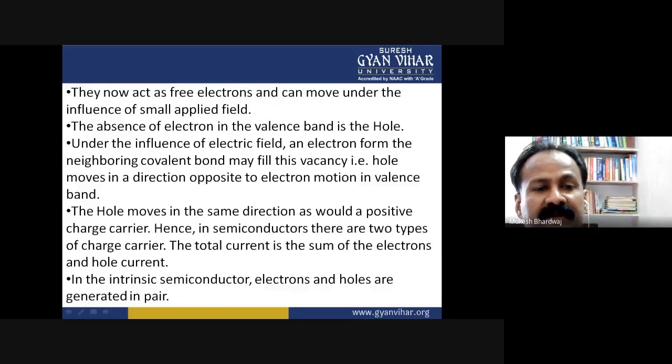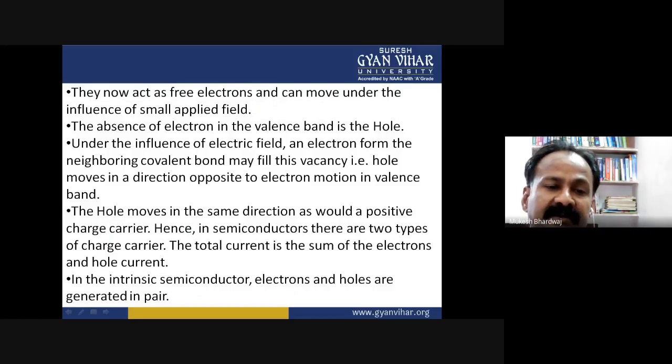Under the influence of an electric field, the electron from the neighboring covalent bond may fill this vacancy, that is, the hole moves in a direction opposite to electron motion in the valence band. The hole moves in the same direction as would a positive charge carrier. Hence, in semiconductors, there are two types of charge carrier. The total current is the sum of electron and hole current.